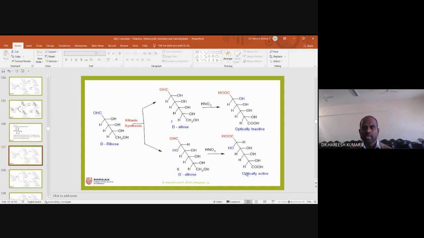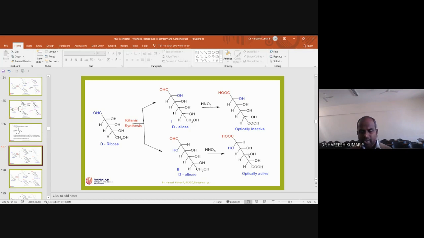Of course, it contains 4 chiral carbon atoms in this dicarboxylic acid. So this is about how ribose is converted into D-allose and D-altrose and further converted into dicarboxylic acids.